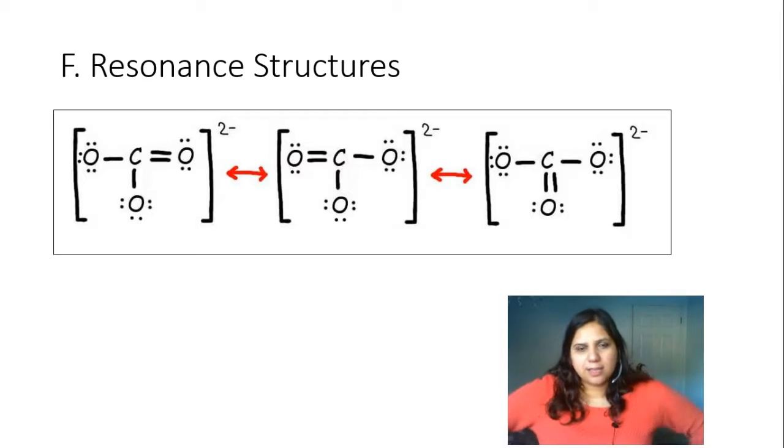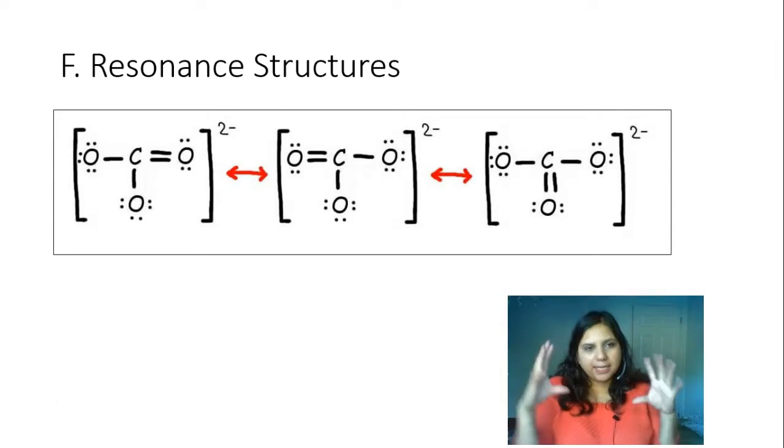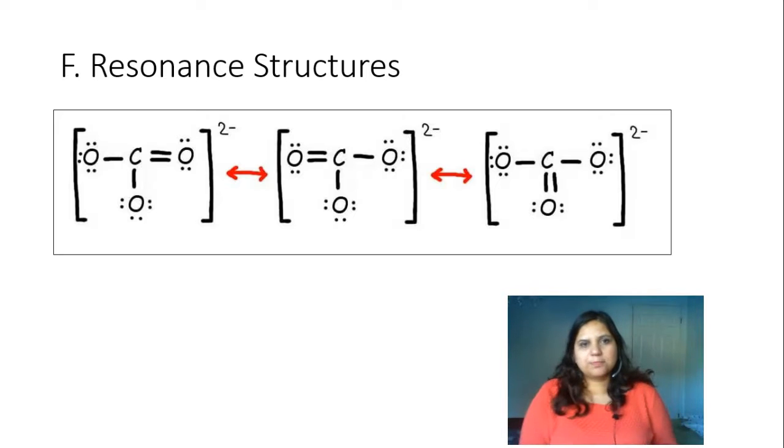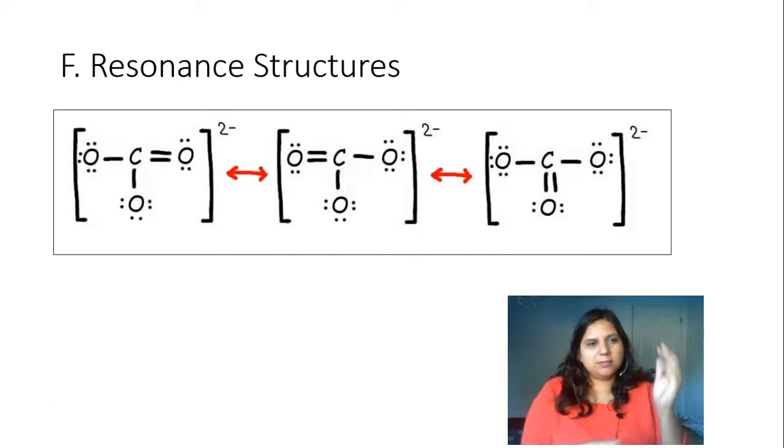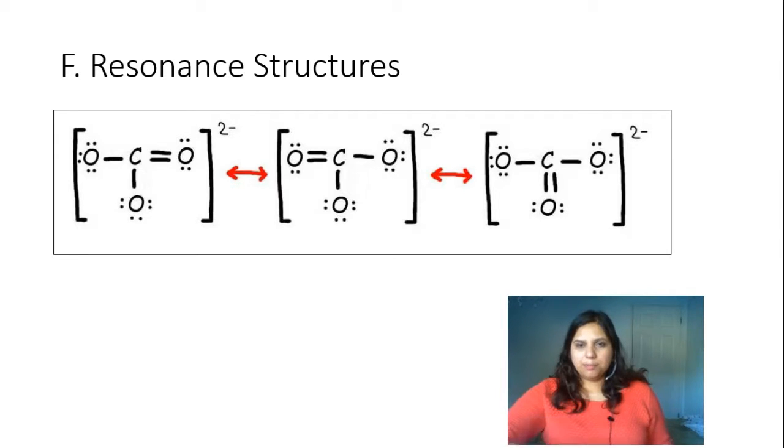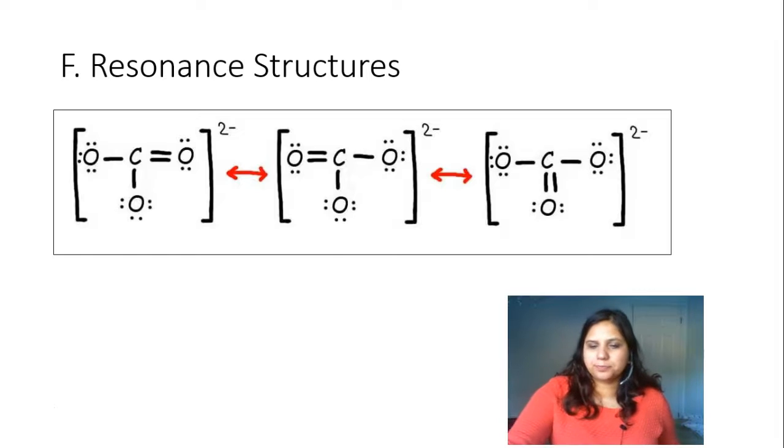So it looks like this. Oh, and you also have to put brackets and the charge, because this is a polyatomic ion. So notice in this structure, we've got the double bond on the right, then the double bond on the left, then the double bond on the bottom, and we have the double-headed arrows in between.